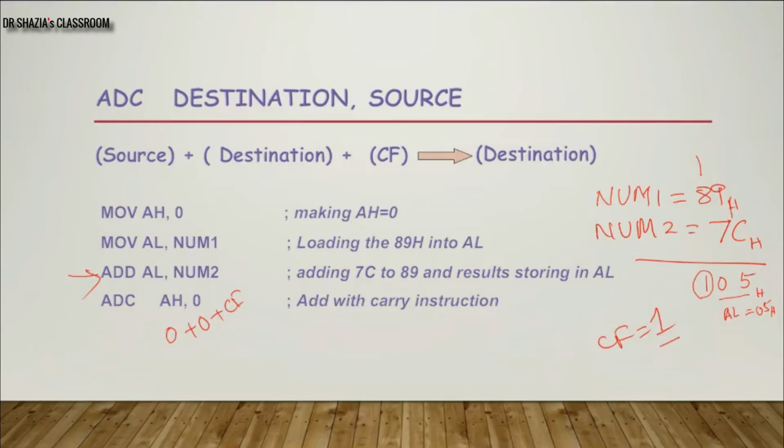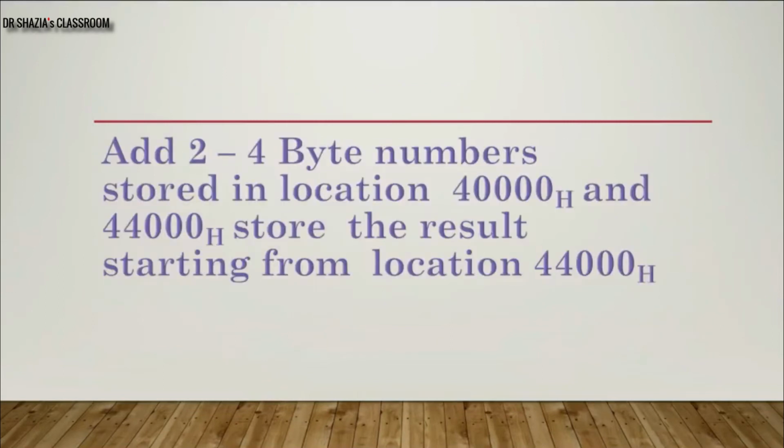When I have added num1 and num2, and my result cannot be stored in 8 bits of data, I need another space, another 8 bits, to store it. That we are storing in the AH register, and that is done with the help of add with carry. To understand add with carry, I will take another example where we perform addition of two multi-byte numbers.